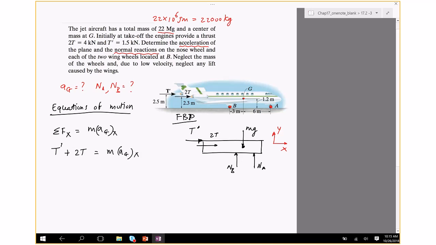So T prime is 4 kilonewtons, so 4,000, plus 2T is 1,500 newtons, plus 2T, the whole thing, 2T is given to be 4 kilonewtons, so 4,000 equals the mass, which is 22,000 times a_gx.